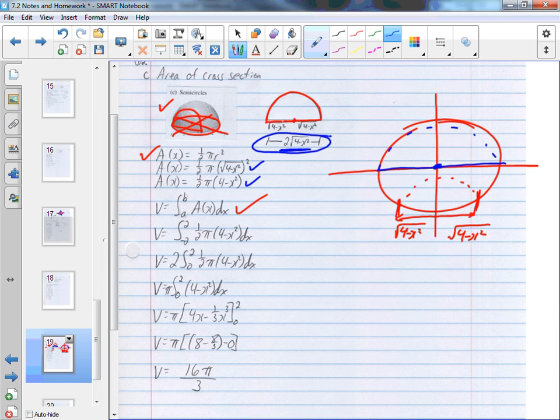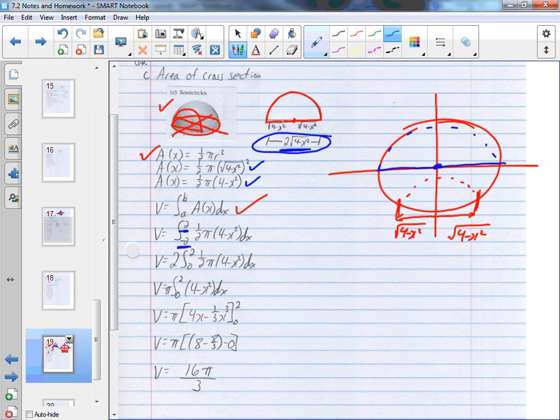We'd already decided that for the base, the circular base, the radius was 2, right? X squared plus y squared equals 4. So the r squared is 4, the radius is 2. So doesn't that mean that the limits of integration have to go from -2 to 2? Because it goes 2 in the positive direction, 2 in the negative direction.